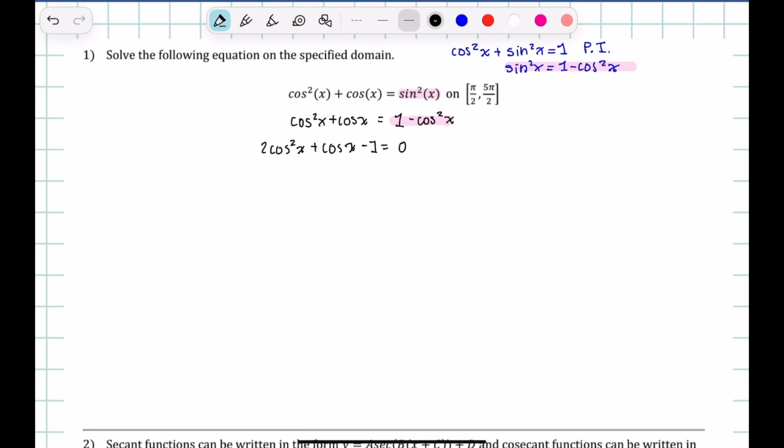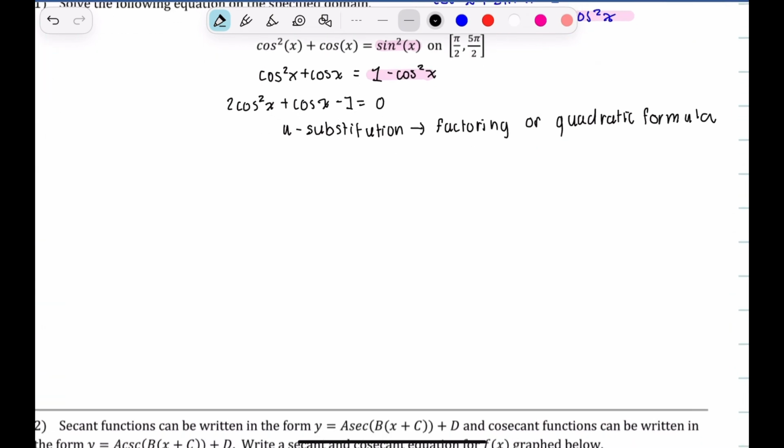And now we're going to do this thing called U substitution. In U substitution, you basically use it so that you can do factoring, or you can do the quadratic formula. But here we're just going to do factoring.